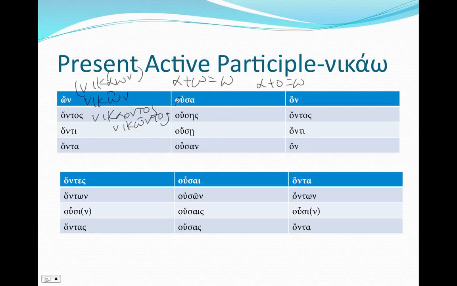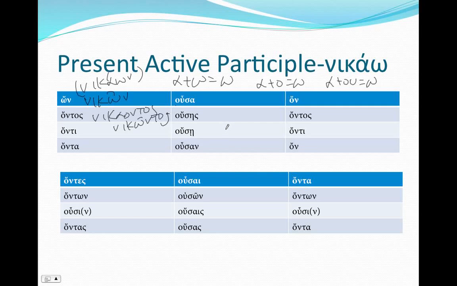And the same thing here, alpha plus omicron upsilon is omega. So alpha contracts, we're going to primarily see an omega. In fact, that's all we'll see. So that's the present active participles.